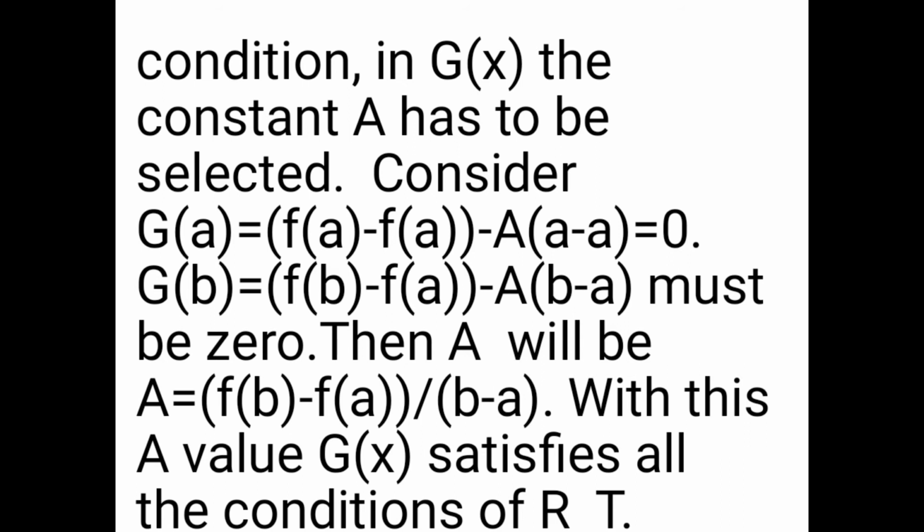So set g(b) equal to 0, that is, f(b) minus f(a) is equal to A into (b minus a), or we can write A is equal to f(b) minus f(a) divided by (b minus a). With this value of A, g(x) satisfies all the conditions of Rolle's theorem.